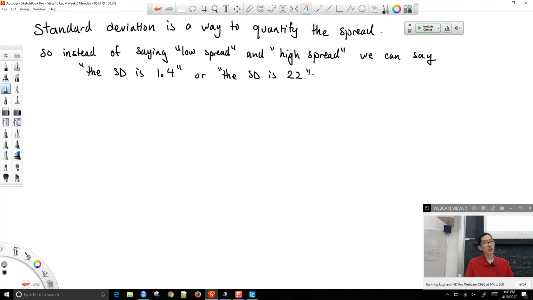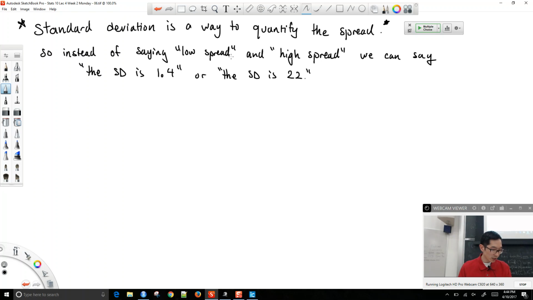And depending on the context, a standard deviation of 22 could be huge or it could be small, okay? Because it's very possible to have other data sets where the standard deviation is in the thousands. You can have very large numbers. And so, if we're talking about standard deviation of the volume of different stars, that's going to be big numbers, right? So that's all it is, okay? I'm going to give you the way to calculate this, but don't lose sight of what the standard deviation really tells us. It's just a number that tells us about how much spread we have.